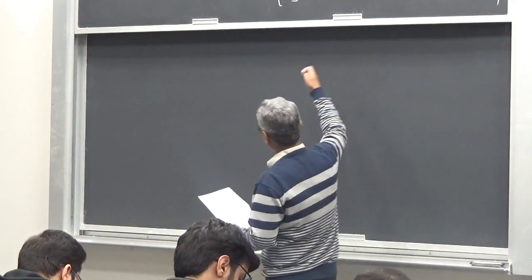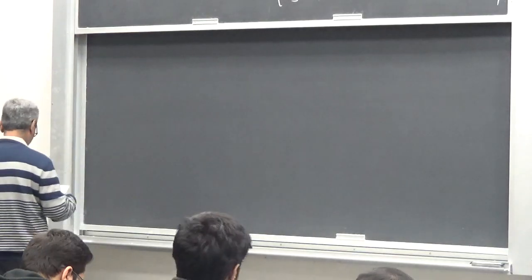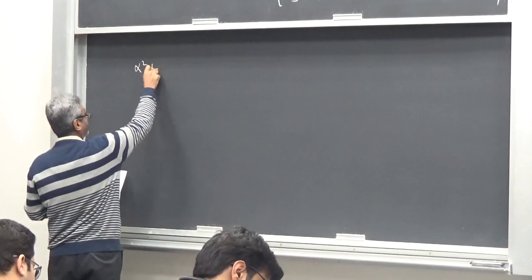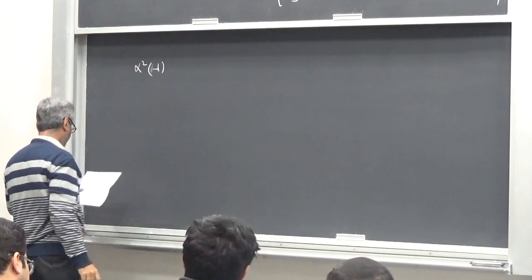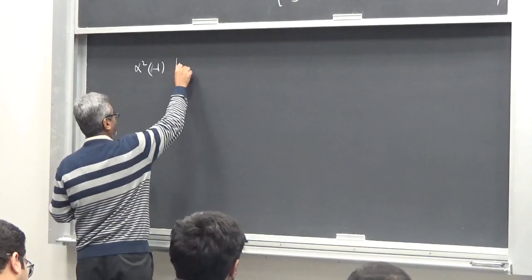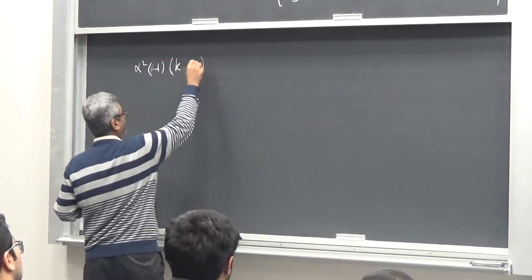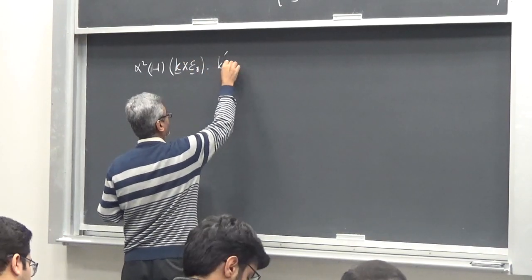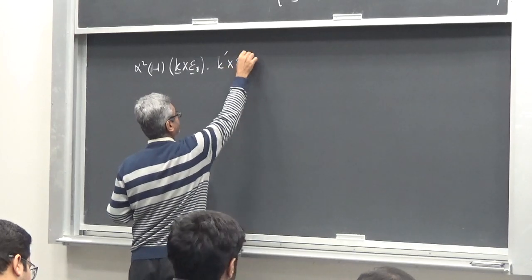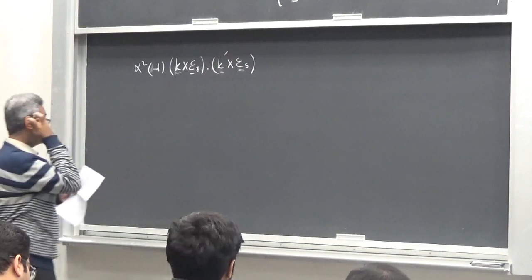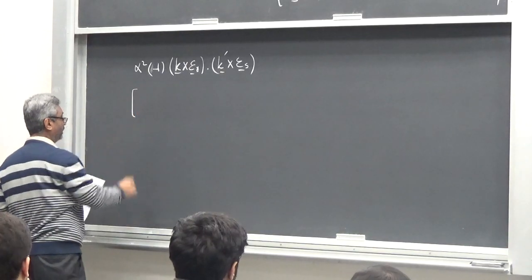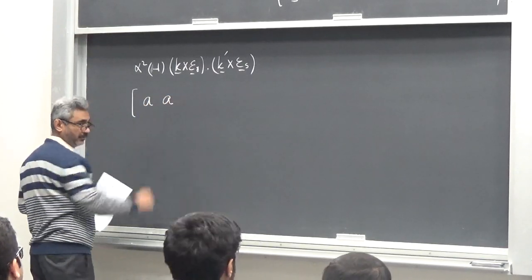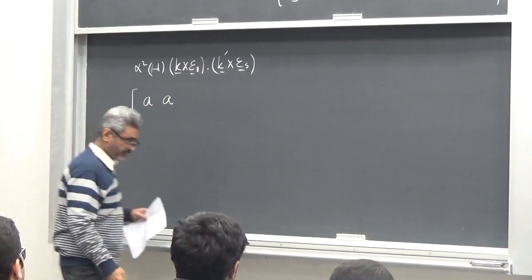If you were to open this up, and I'm just going to do this hand waving down, there's going to be an alpha squared, then there's going to be a -1, right? And then there's this k dot epsilon r, k cross dot k prime cross epsilon s, this term, and then there are 4 terms in it. So it goes like this. You have a with a, so let me write this down.